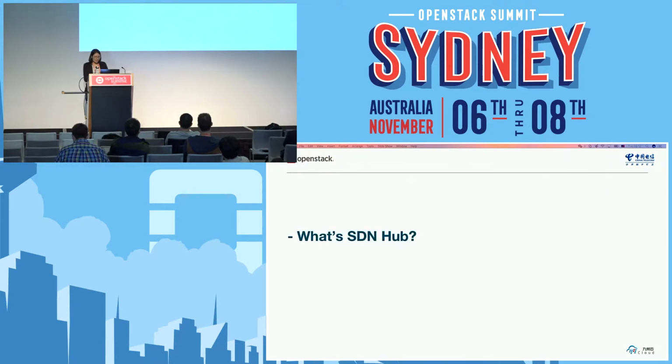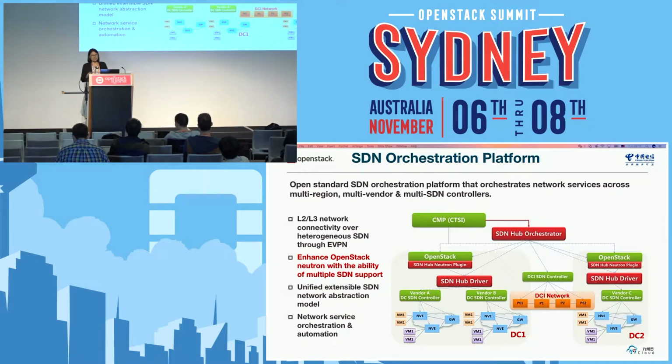So what's SDN Hub? In short, it's an EVPN-based SDN orchestration platform. It has the ability to orchestrate network service across multiple regions, multiple vendors and multiple SDN controllers. The entire SDN Hub is composed of three components.